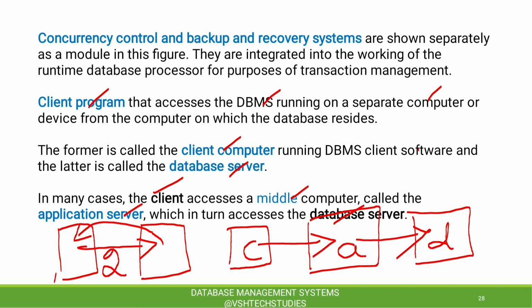Whatever information is retrieved from the database server is given back to the application server, and that application server will give that information to the client. So this is called three-tier architecture. And that completes the discussion on the different component modules of the DBMS and their interactions.